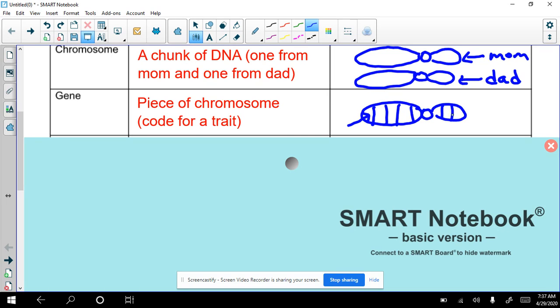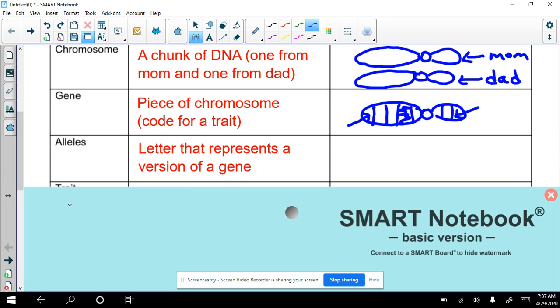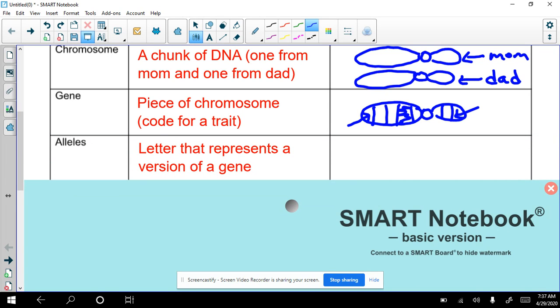So here's a gene, this part over here is a gene, this part in here is a gene. All of those are code to give you a specific trait. One might be height, one might be eye color, one might be hair color, for all the traits that make you who you are.